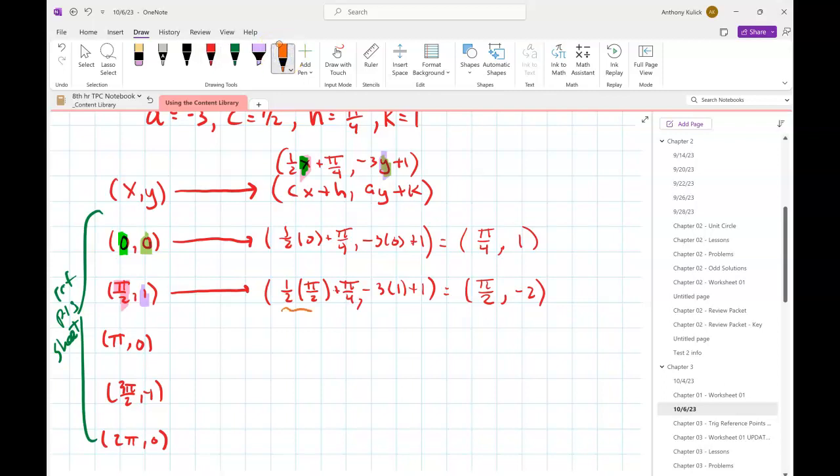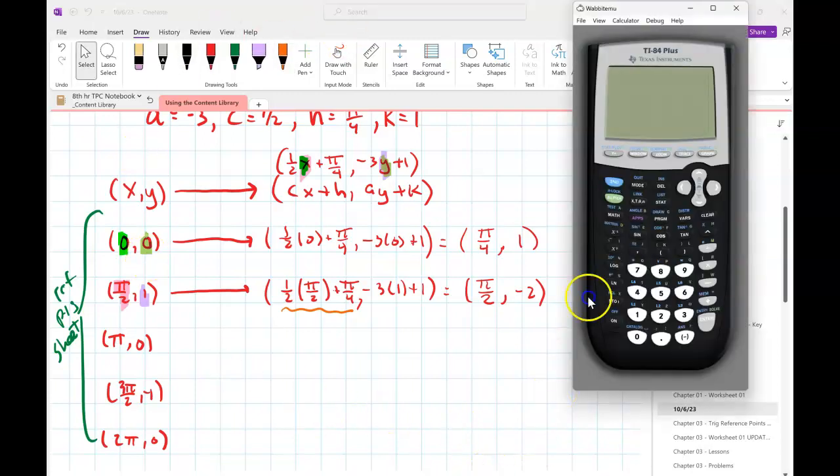What if you have poor fraction confidence? You could use your calculator. To get your calculator to do this, though, you have to take out the pi. Then we can put it back on when we're done. So I could do 1 over 2 times 1 over 2 plus 1 over 4.